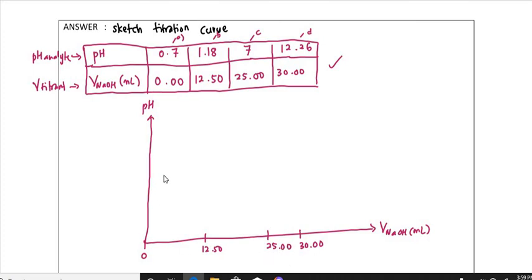Okay, then this is 0.7. Okay, 0.7 here, and this is 1.18. Okay, this is 7. And 12.26.